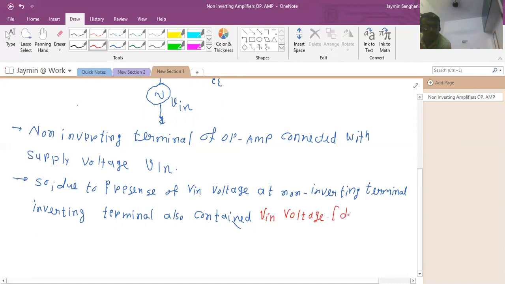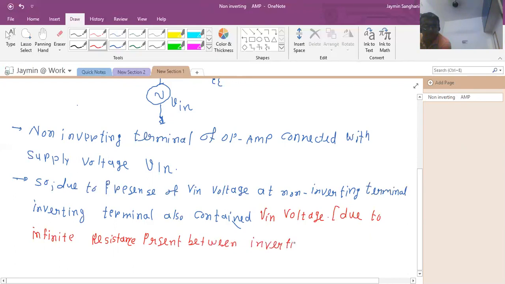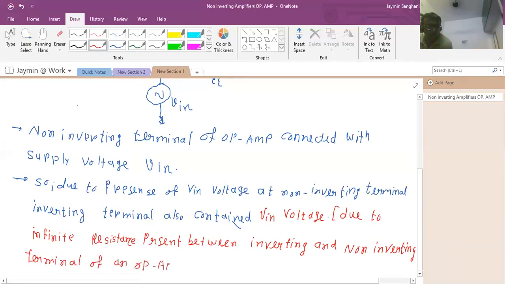due to infinite resistance present between inverting and non-inverting terminal of an op-amp.